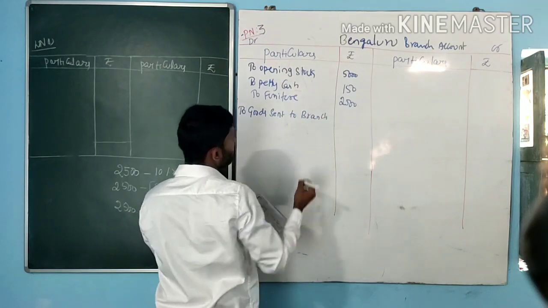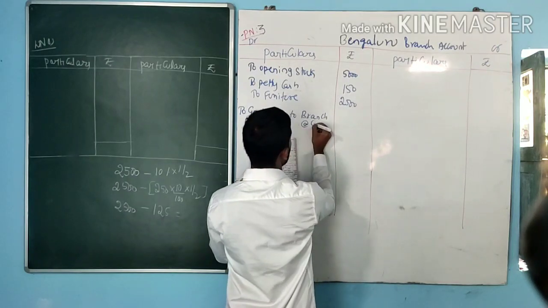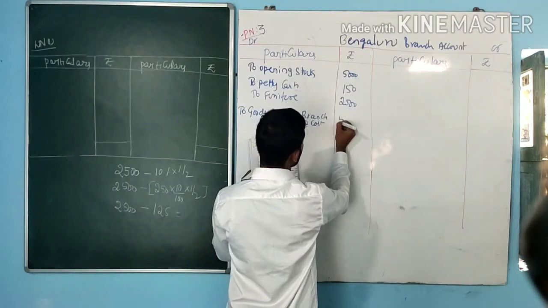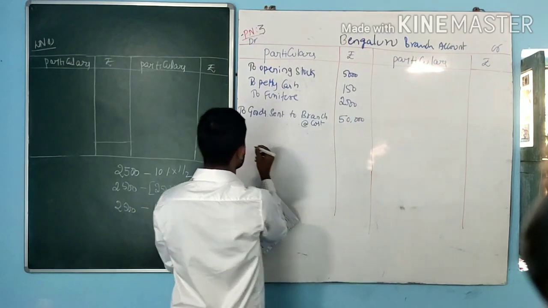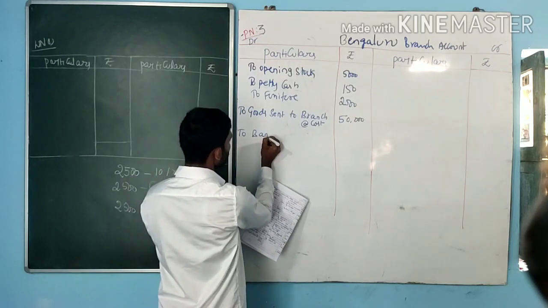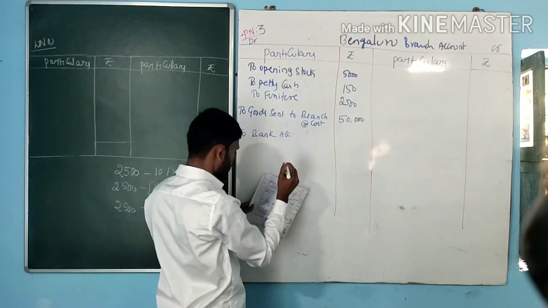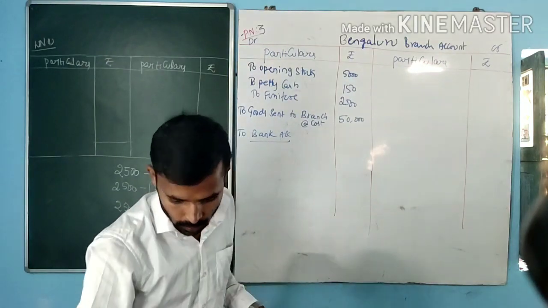it is an expense for the business head office. At cost, take the full amount, that is 50,000. Next, to bank account, the expenses met by the head office.